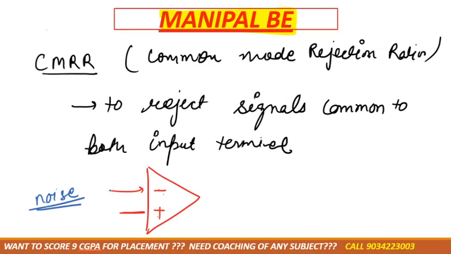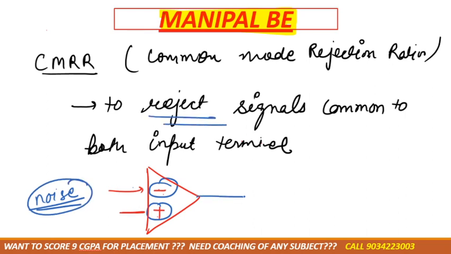The signal which is common to both negative and positive is noise. So it rejects the noise and won't allow the noise to move to the output side. Clear?